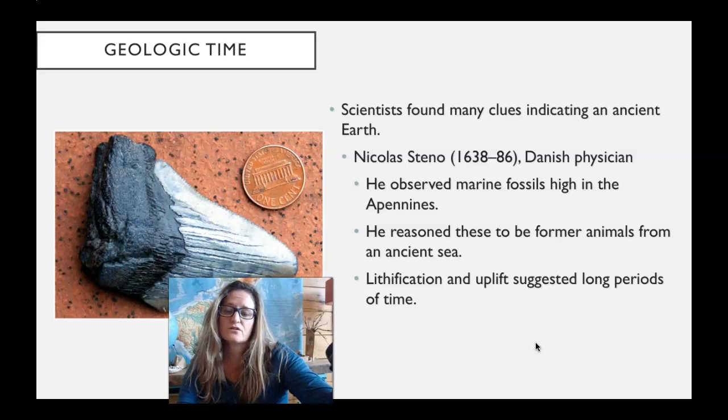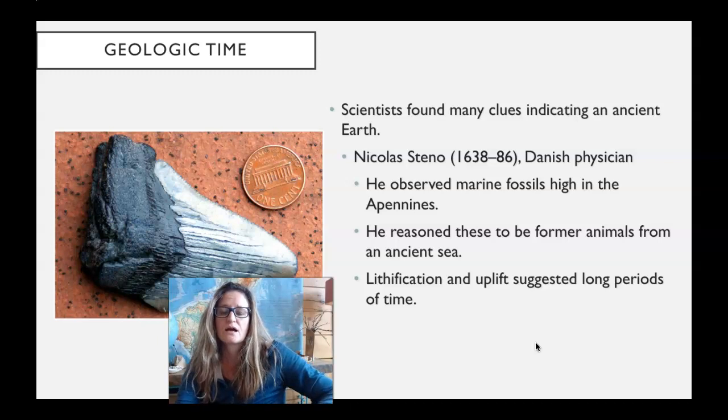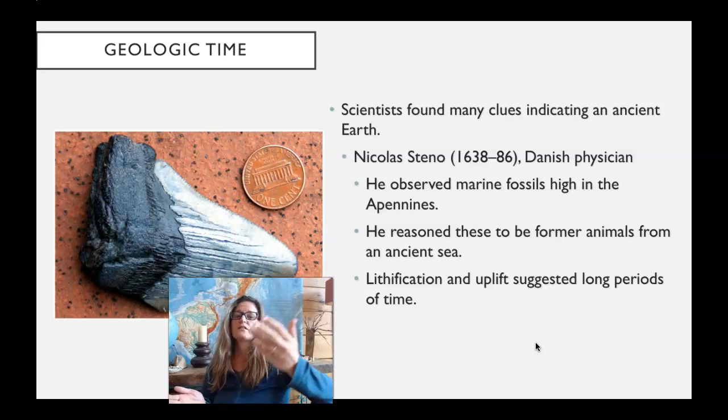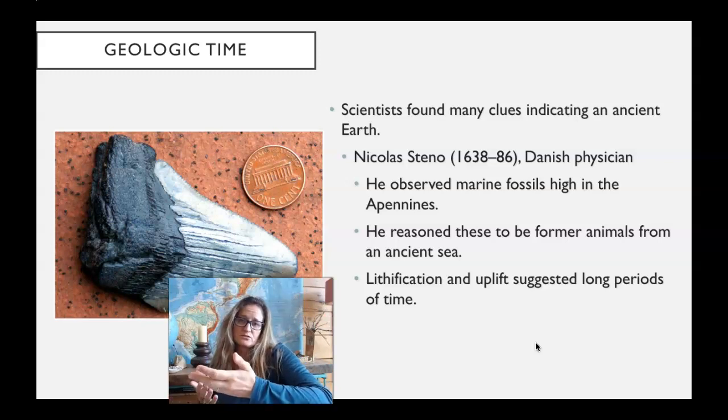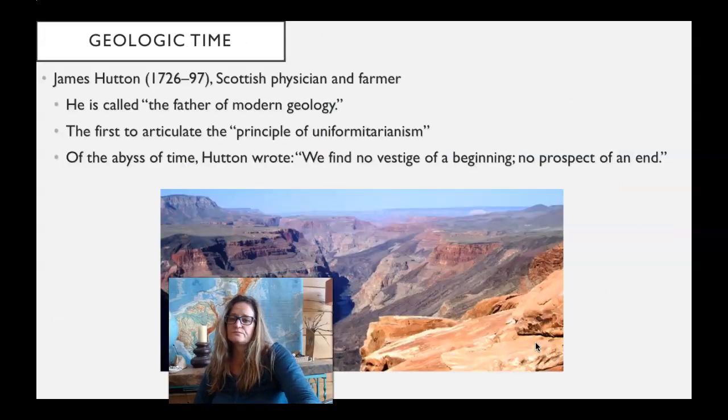He figured out, rightly so, that these marine fossils meant that at one time in that place there was an ocean. And those organisms were in the ocean. They died, became a part of the sedimentary record that became sedimentary rocks that then was later, through tectonics, uplifted into the mountain chain. And all of those processes he knew was going to take something like millions of years.